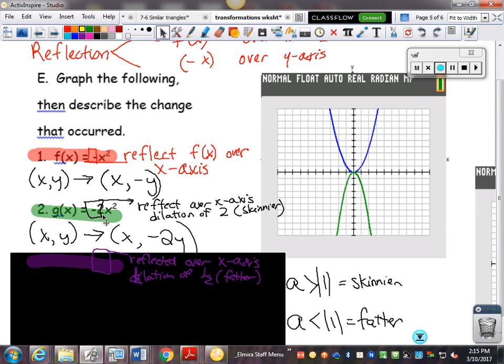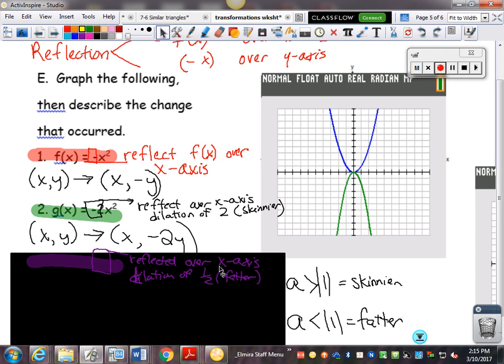In fact, as the numbers go higher, and we're talking positive and negative, as your actual number gets higher and higher, your parabola gets skinnier and skinnier. Now, as your number gets lower, like starting at 1 and then working back through the fractions, then your parabola widens out. And you cannot have a 0 for a coefficient because that would cancel out the squared term altogether and we wouldn't be quadratic anymore.